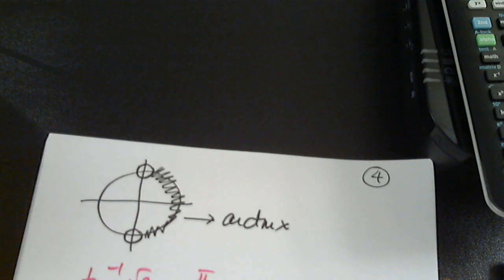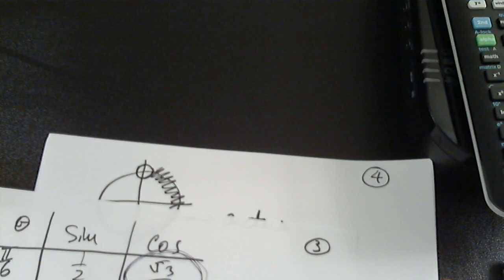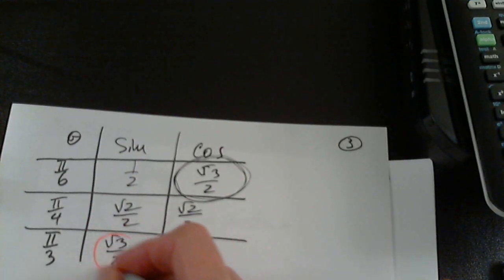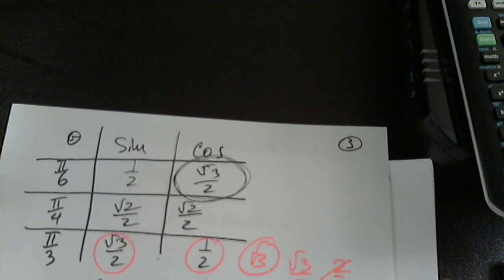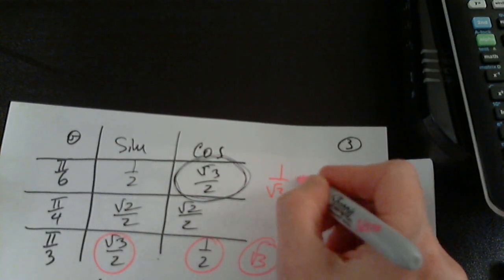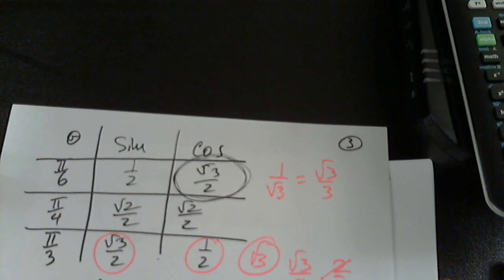Can you explain that last part? You said the tangent of pi over 3 is what? So tangent is sine over cosine. The square root of 3 over 2 times 2 over 1, I simplify and I get the square root of 3. But this over this will be 1 over the square root of 3, which is the square root of 3 over 3, after I rationalize it.